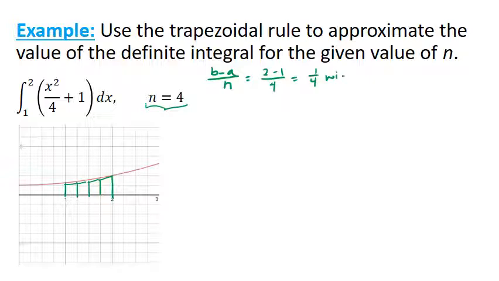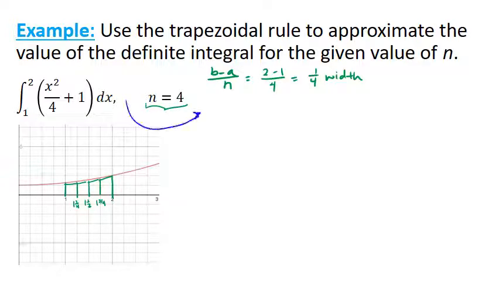So this is the width of the intervals, but you can kind of see that here. If this is 1, then this is going to be 1 1/4, 1 1/2, and then 1 3/4.